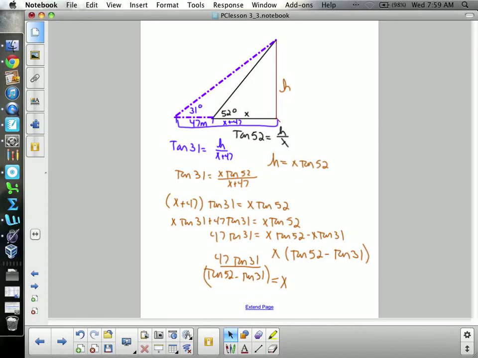I calculated one thing, and then off this triangle, you probably used something.